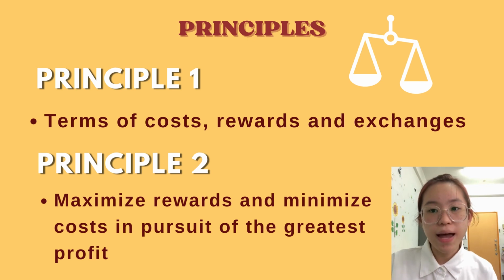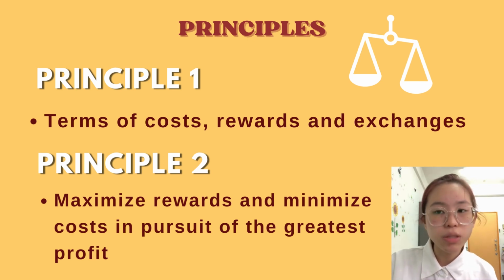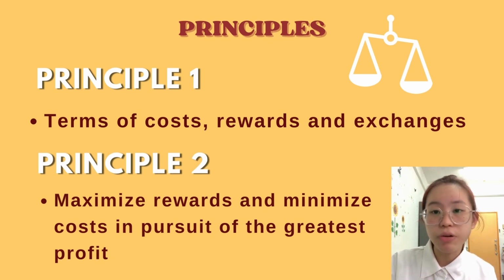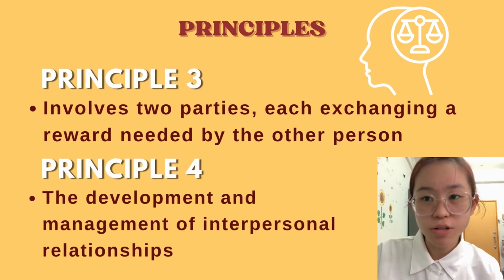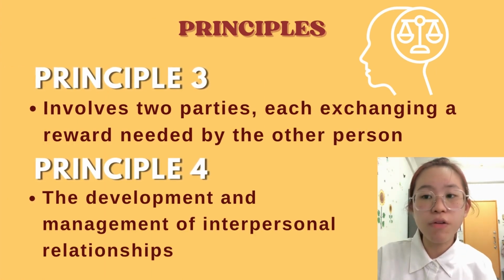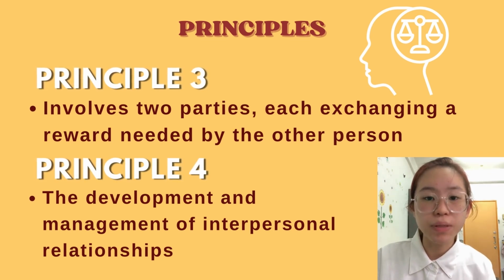A relationship that at one time seems to be high rewards, low cost may shift to one with increasing costs and also low rewards, causing the person to return to a more rewarding level or terminate the relationship. The third principle is social interaction involving two parties, each exchanging a reward needed by the other person.